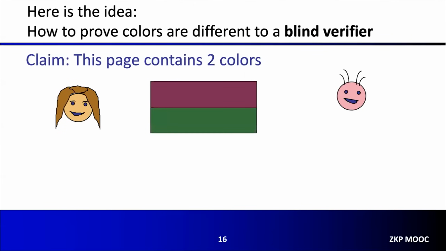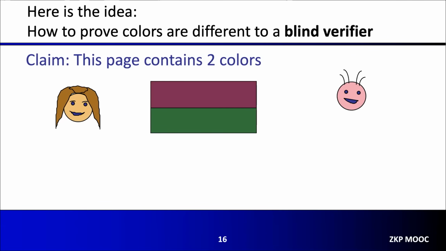Let's look at the first example. The first example is not going to even be mathematical, but will be something from the physical world. The claim here will be that this particular page right in front of us has two colors rather than a single monochromatic color. The scenario that I would like you to keep in mind is, let's say the prover can tell colors apart, but the verifier is colorblind.